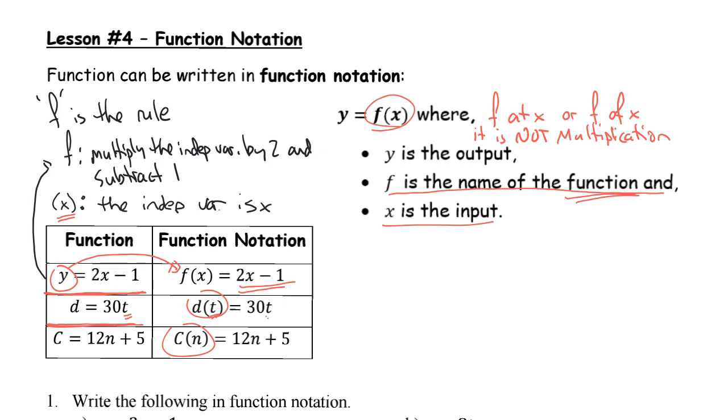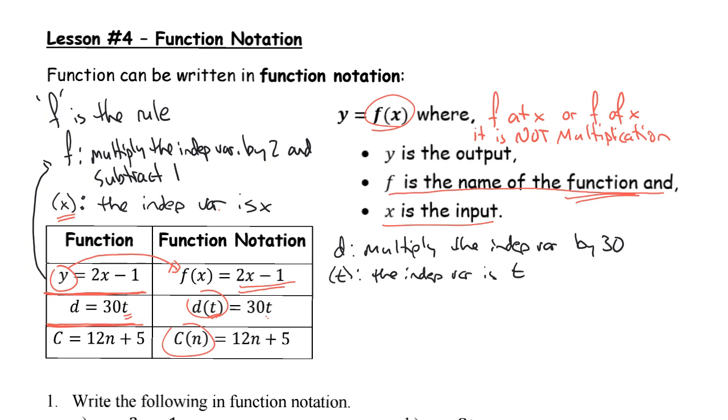So for example, in this next one here, we might write it like this. D here is saying multiply the independent variable by 30. That's the rule. Now, in this particular case, when you write t here, we're saying here the independent variable, then that means 30 multiplied by t.